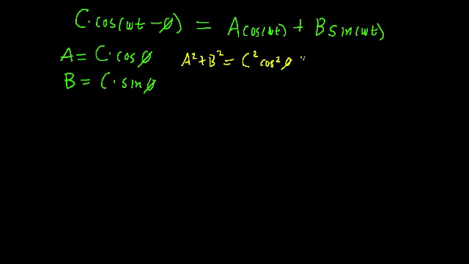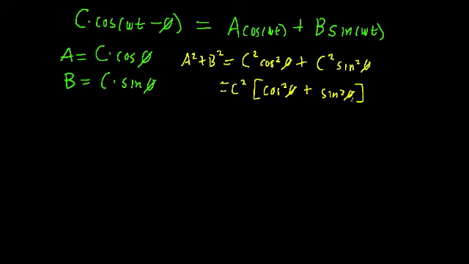And we're going to add that with our B squared term, which is C squared times sine squared of phi. So now let's just factor out the C squared on both sides. So we're going to get C squared times cosine squared phi plus sine squared phi.